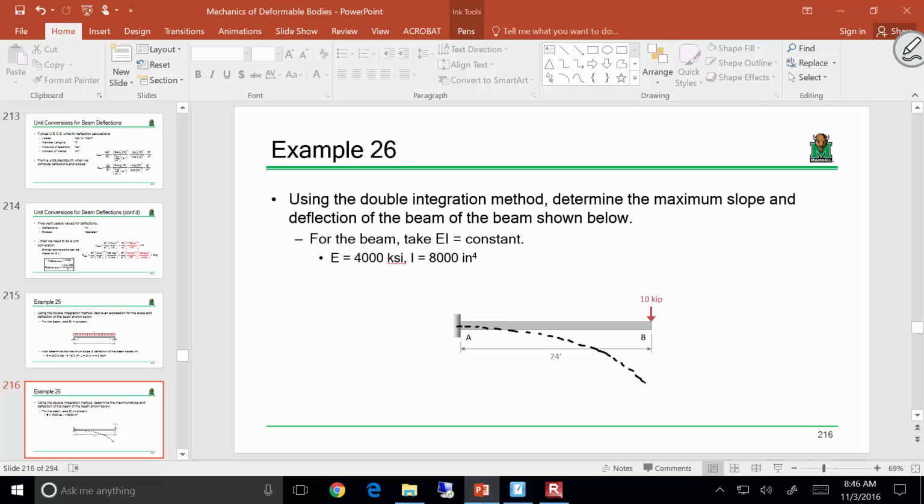At B, right? And what is the slope at A going to be? Exactly, it should be 0. So not only will that serve as a check to see whether or not our math is right, but that slope at A is also going to be a boundary condition. Does that make sense? Everybody okay with that?